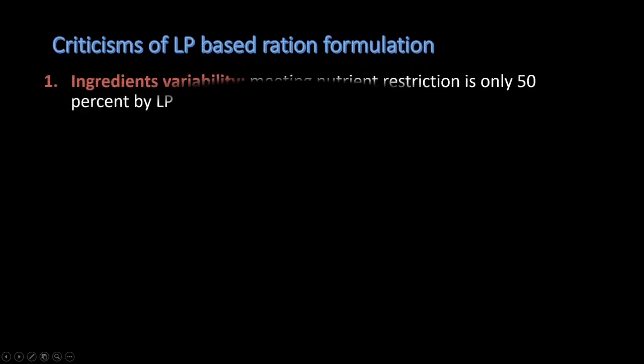Here are some of the criticisms of linear programming based ration formulation software. The criticism is based on the fact that linear programming is found insufficient to overcome all the complexity of ration formulation problems, like ingredient variability, where meeting nutrient restrictions is only 50% by linear programming.